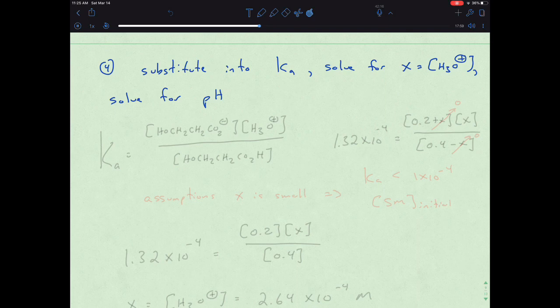Going back to our Ka, to write it again, it's the products of the equilibrium over our starting material.